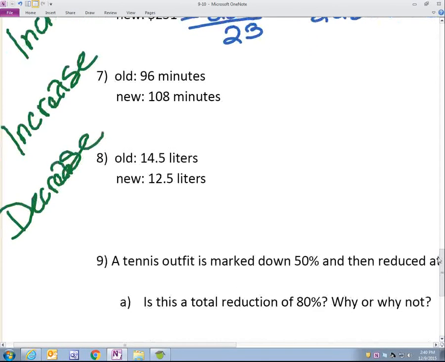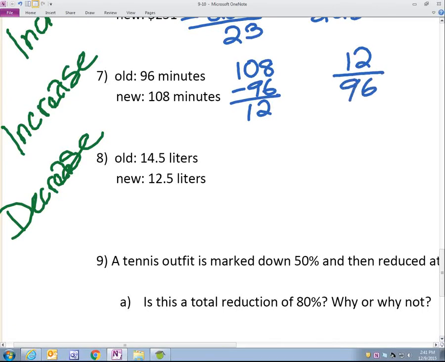Next one. We have 108 minus 96. That's going to be 8 plus 4. So my new rate is the change. It's an increase, so I have a positive number. Change over original. That's my rate.